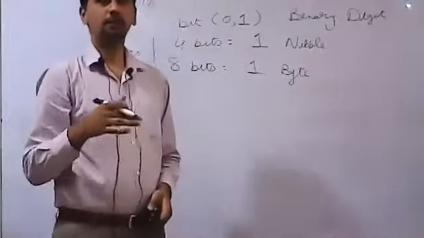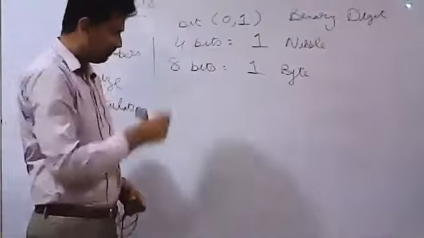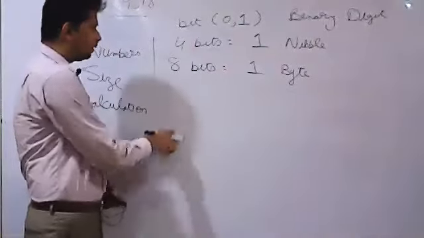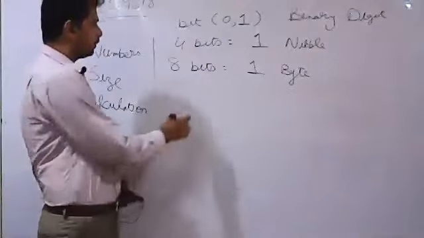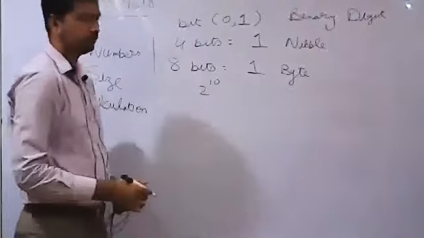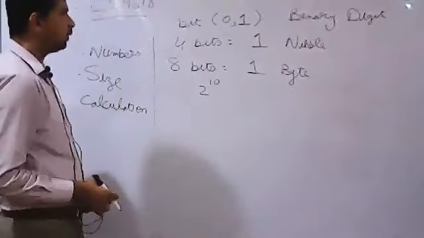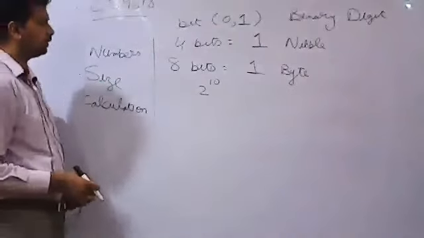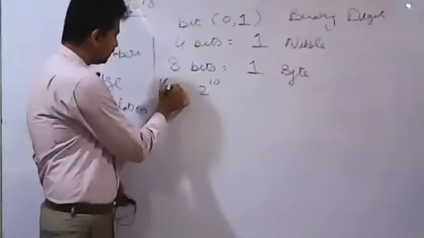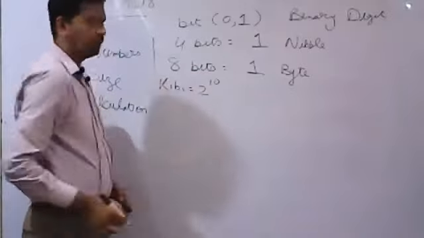Then let's get back to the discussion of the prefixes that I was just mentioning earlier. The standard to calculate is 2 raised to power 10. We are going to keep increasing that. But for now, I'm going to just tell you that 2 raised to power 10 means kibi.